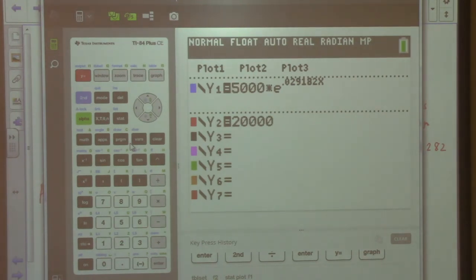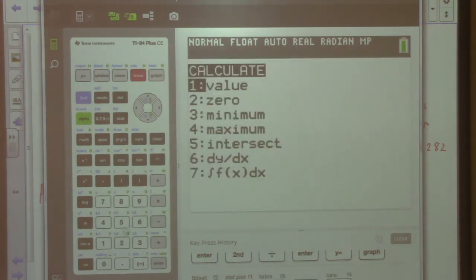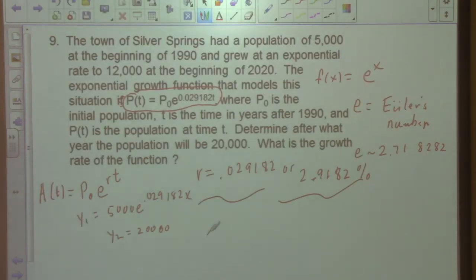Okay, so now we go and graph, and you find the intersection point: second trace, 5, enter, enter, enter. So x is 47.505 years, and then it's asking the question, determine after what year the population will be 20,000.